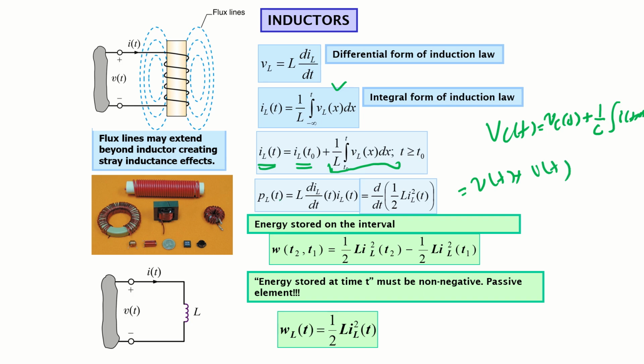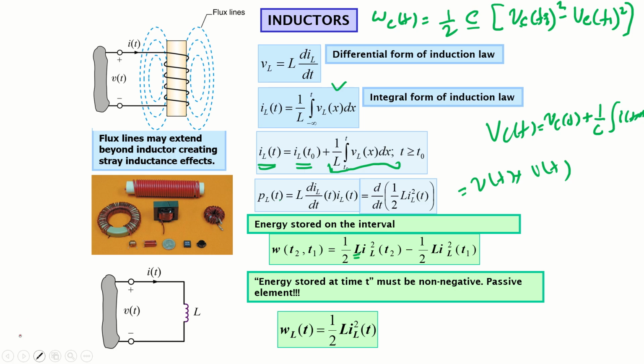Energy stored is in a similar fashion. For the capacitor it was 1 over 2 C times voltage at T2 squared minus voltage at T1 squared. For the inductor it is the same: half, replace the C with L, and replace the voltage with the current.